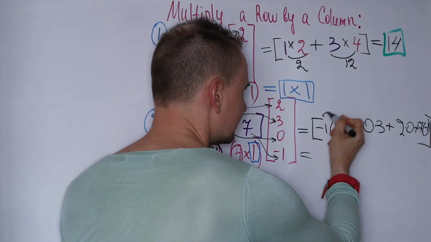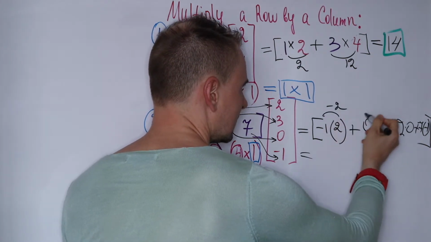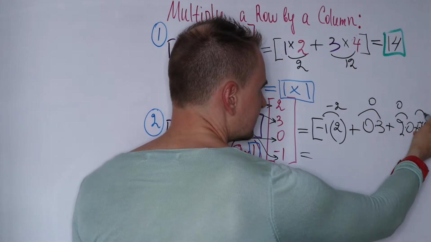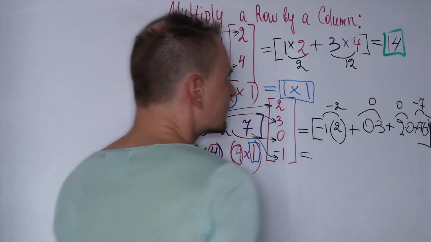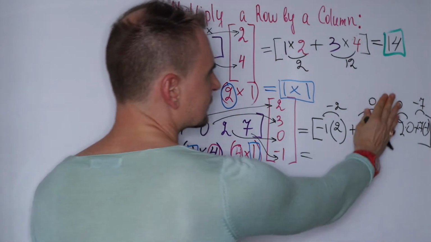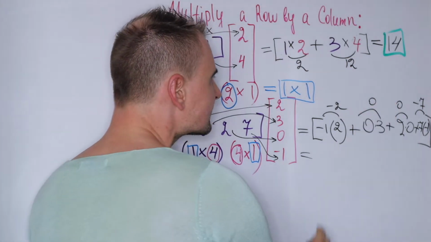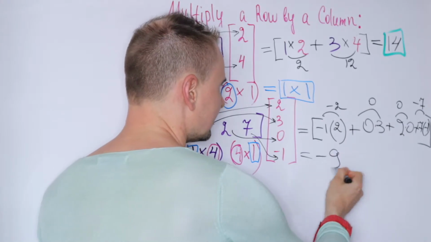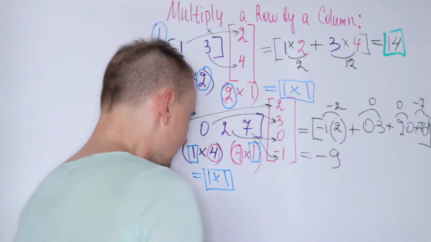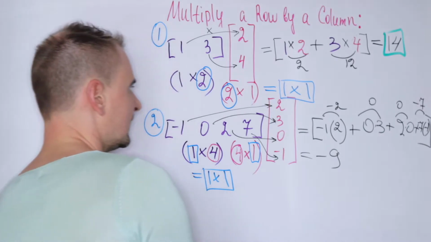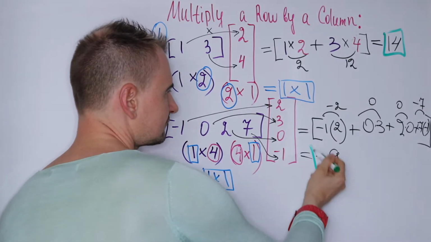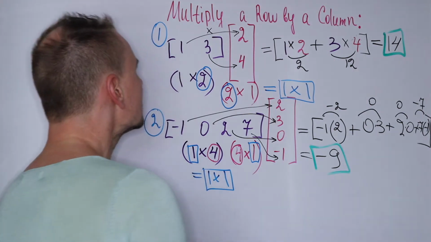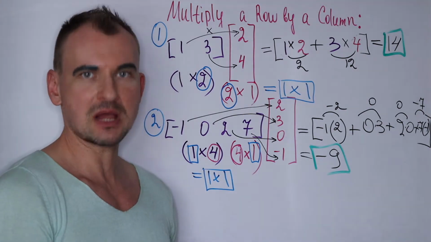So it's -2, 0, 0 again, which is good, and -7. The zeros you can simply ignore, and -2 and -7 gives you -9. So that's going to be your resulting matrix. You could still call it a matrix for this multiplication.